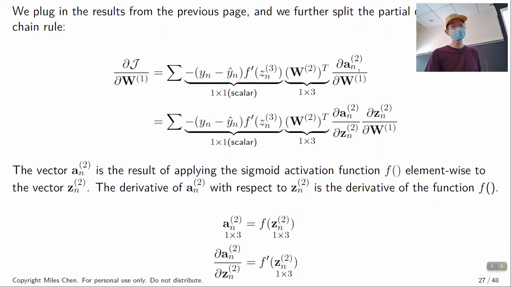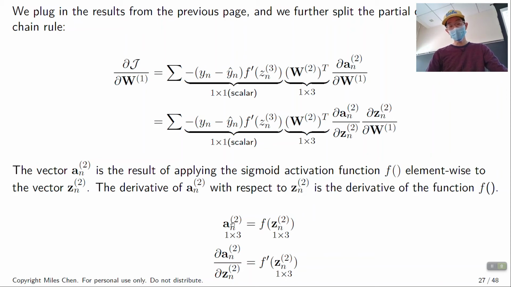Now we want to know, how does the nth observation in A2 change with respect to W1? Well, we first have to go through the nth observation in Z2. A2 is the activated values, and prior to being activated, they were the values Z2.